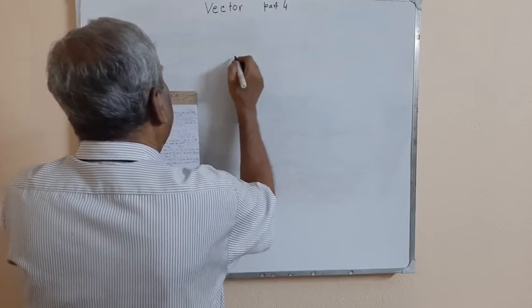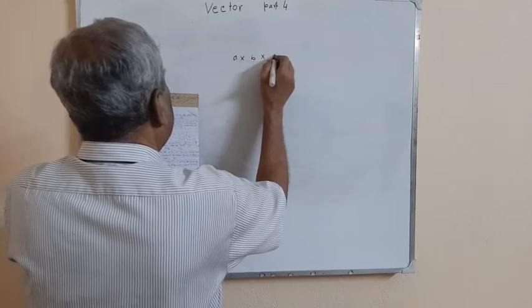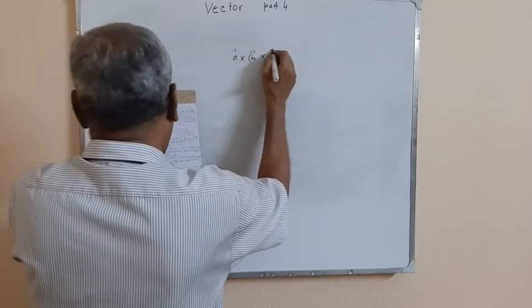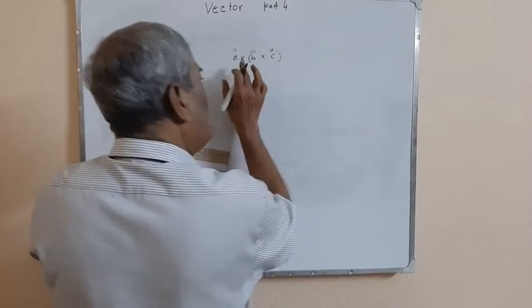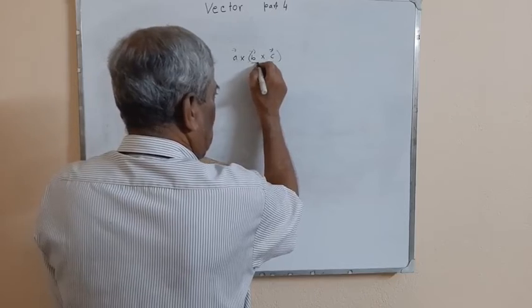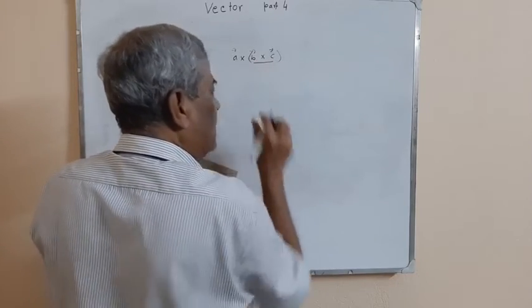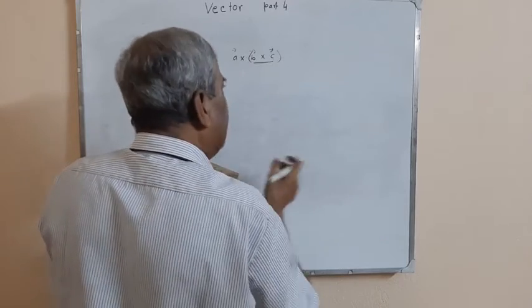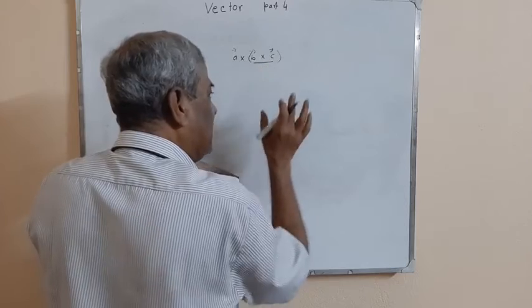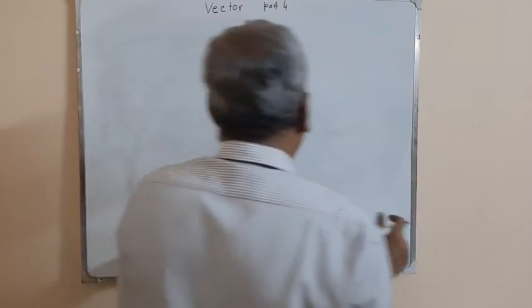A, B, C are any three vectors, then A cross B cross C is the cross product of three vectors. If components are given, we can find B cross C, which is a vector, then take the cross product of A with that vector, again with the help of a determinant. But it's a lengthy process.